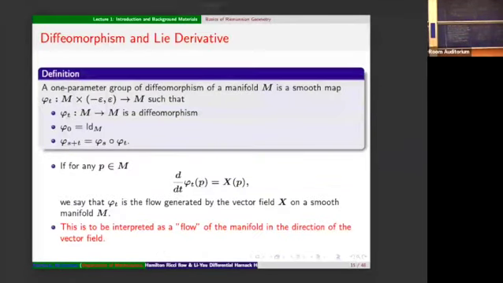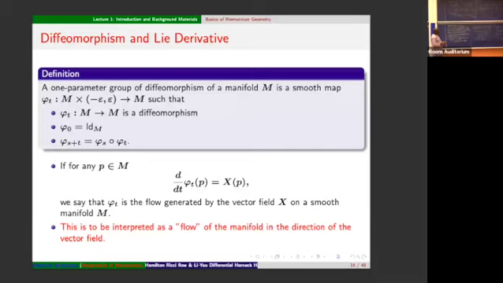Okay. Then another important thing that we need in this setting is diffeomorphism and the Lie derivative. I need to speed up now. A one-parameter group of diffeomorphisms of a manifold M is a smooth map defined as what I have here.